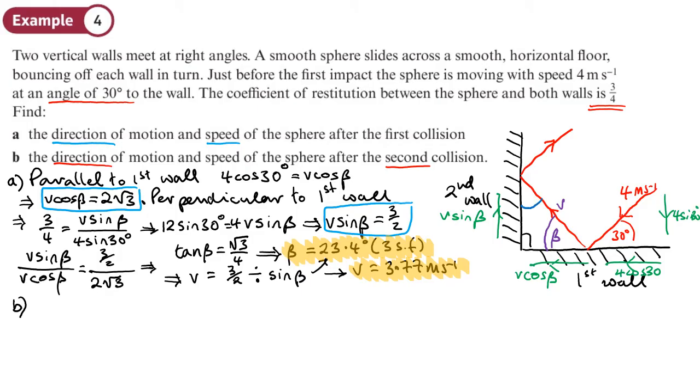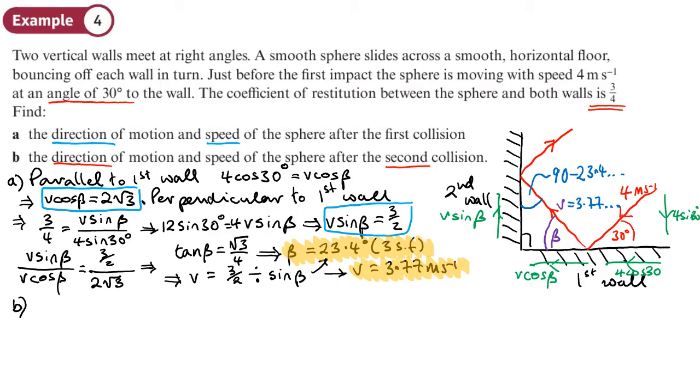So this angle here is basically 90 minus 23.4..., because that was rounded, and this approach velocity here is 3.77..., because that was rounded to 3 significant figures, and basically we carry out the whole process again.